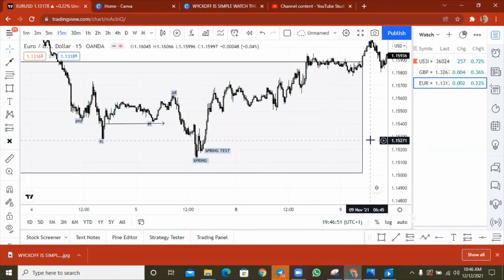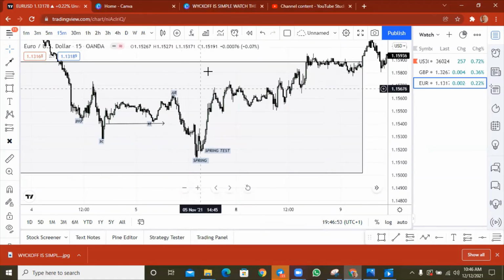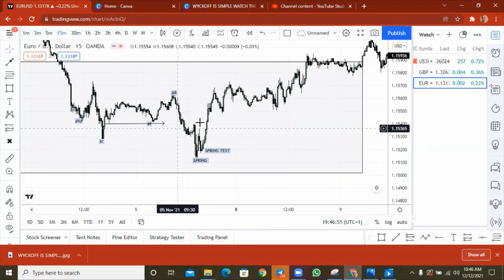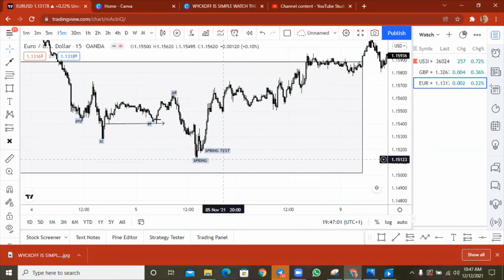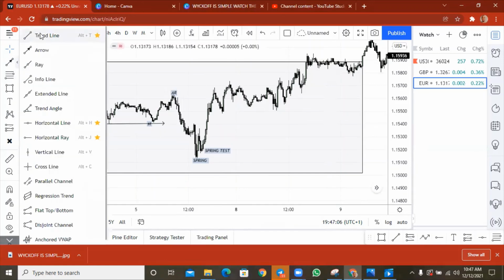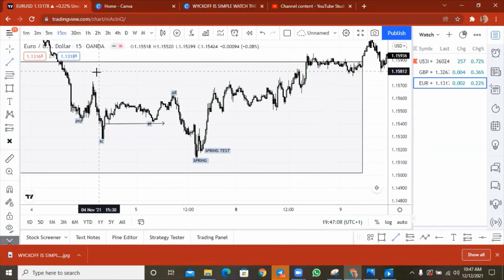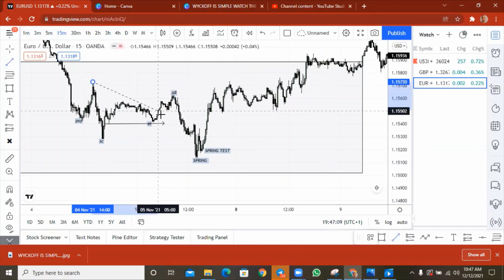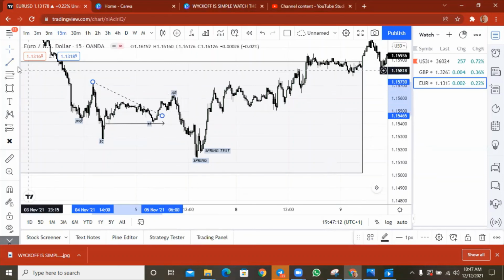Spring test, and then you can see around the upside this liquidity was cleared, right? Which is a secondary test area. And then boom, see. If you check this, you see liquidity all cleared out. This trend line was cleared.